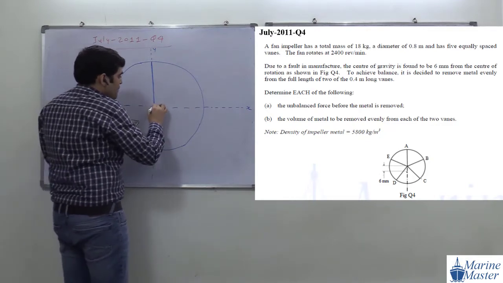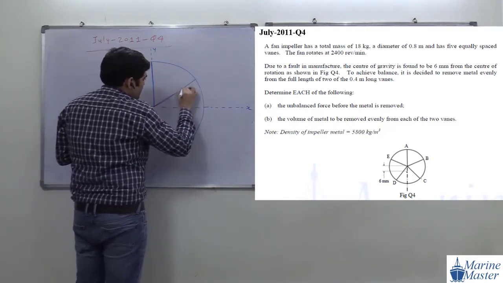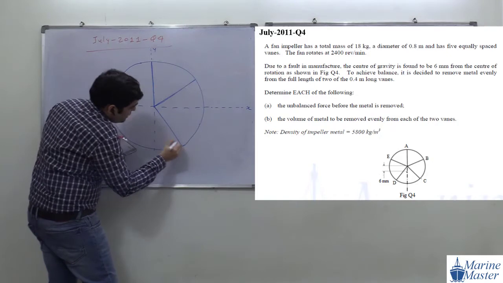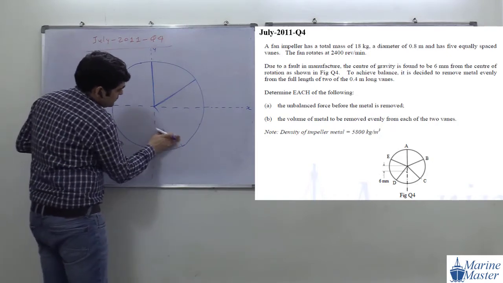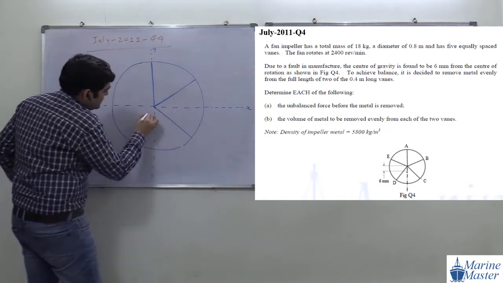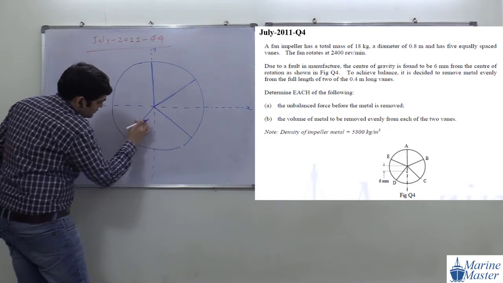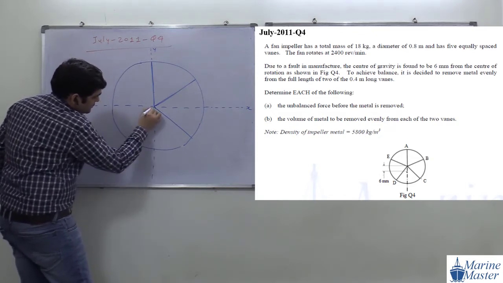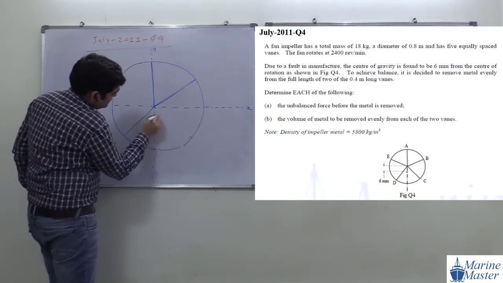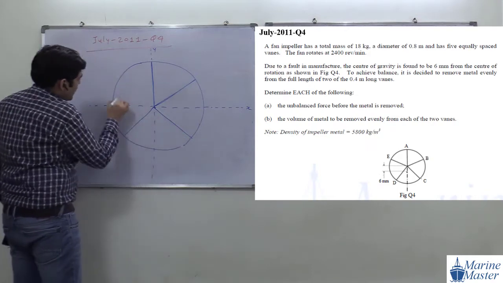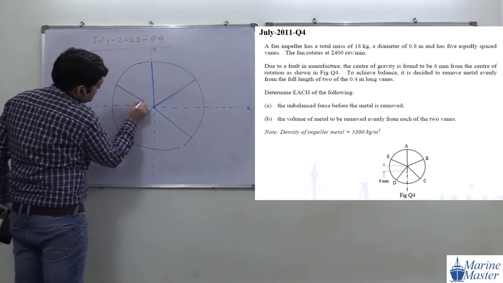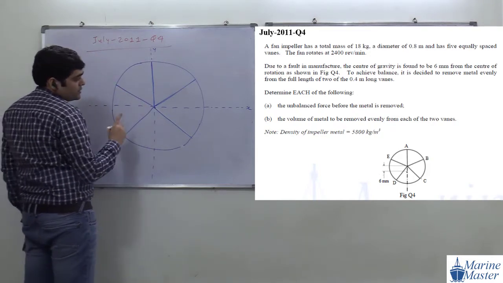Then we have vane B. Then we have vane C. Then we have vane D. And at the end this will be vane E. So see the point here.